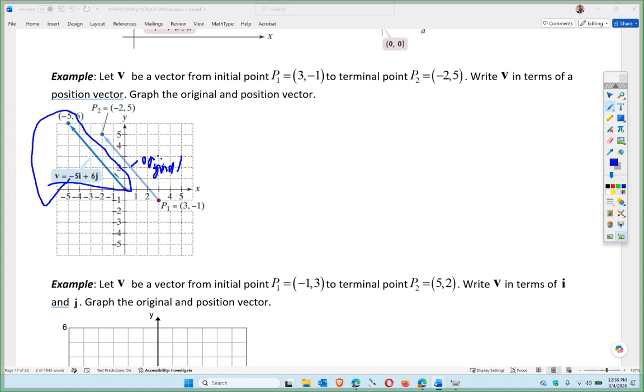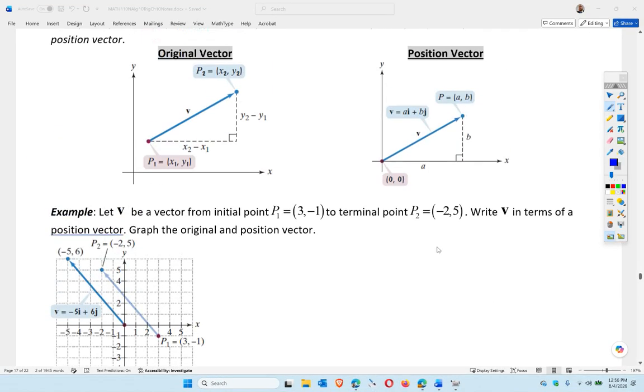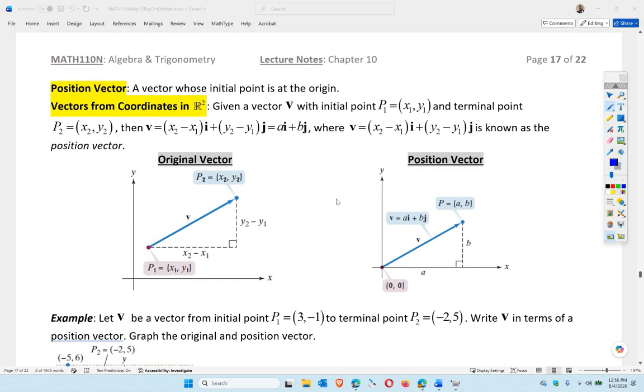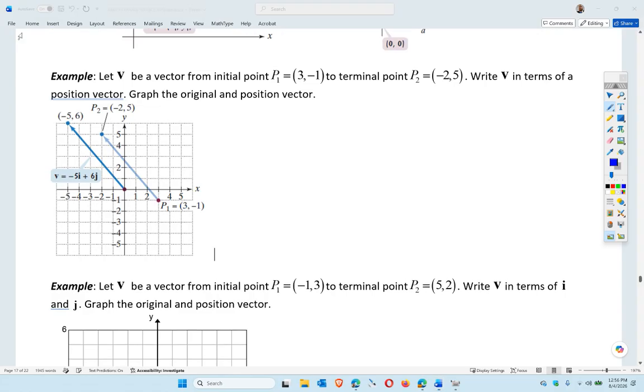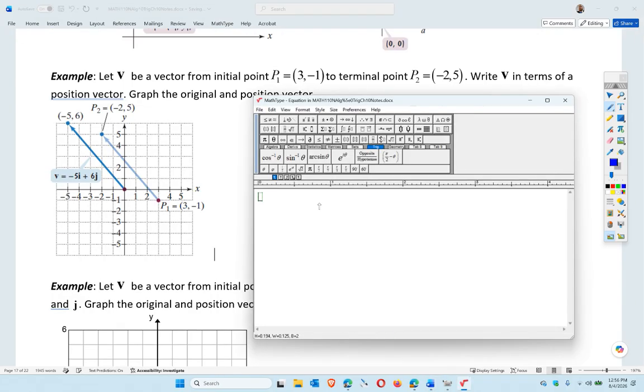The question is, how do I get that vector equation? Well, if you read up here, it's given with the vector's initial point and the terminal point. So if we do this mathematically, there's the wrong way to do it, which is initial minus terminal.